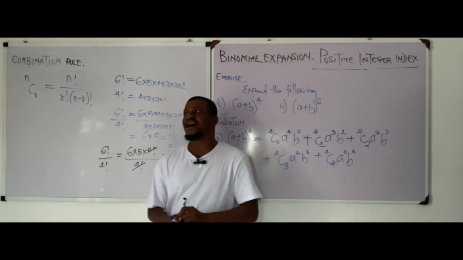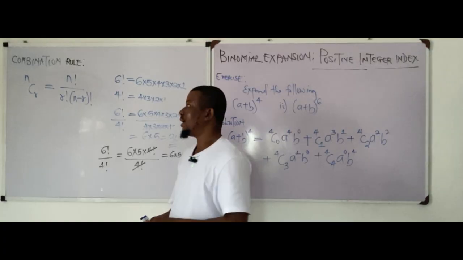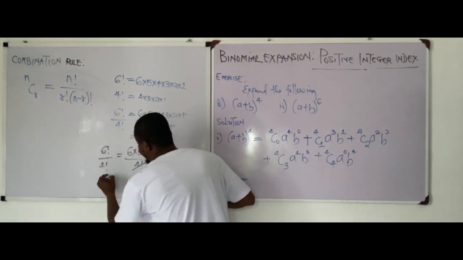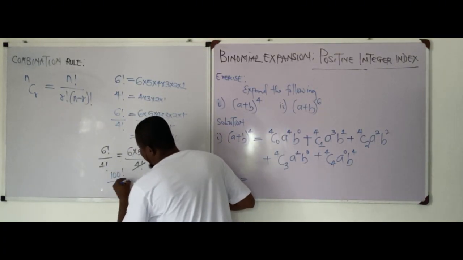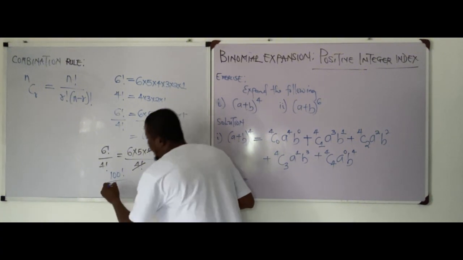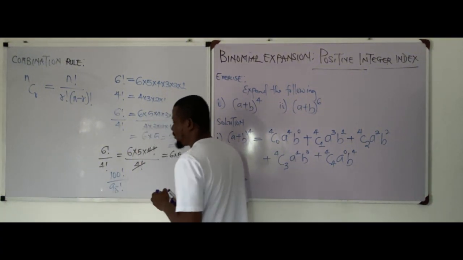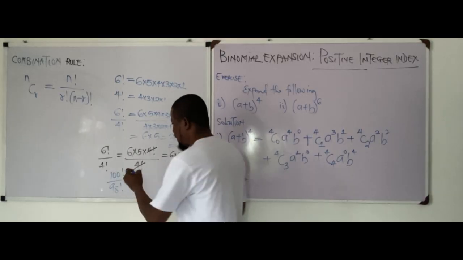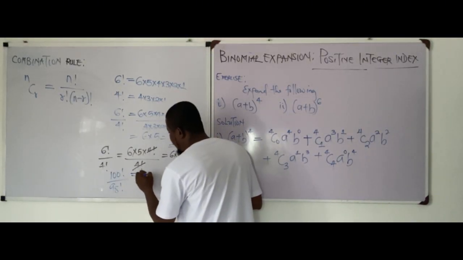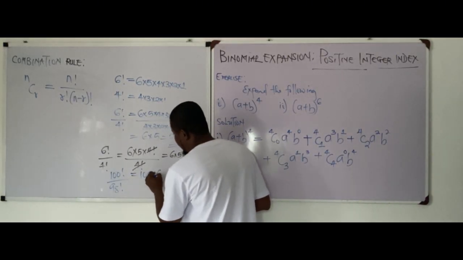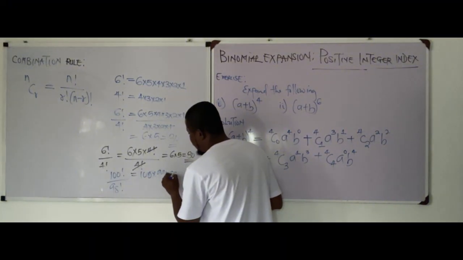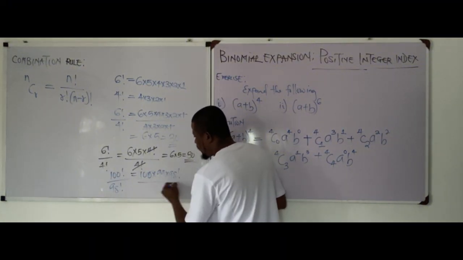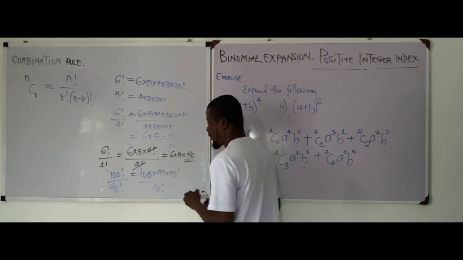So if you have large numbers, say 100 factorial divided by, say, 98 factorial, you don't need to write out the whole of the 100 factorial. You can simply say this is 100 times 99 times 98 factorial all over 98 factorial.